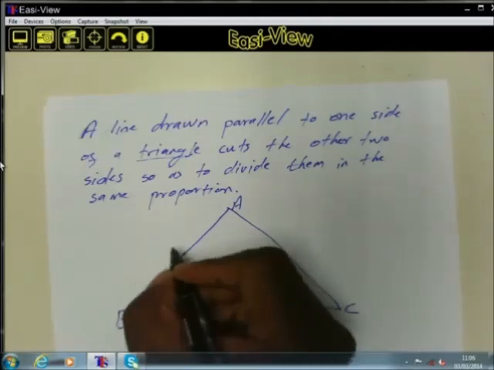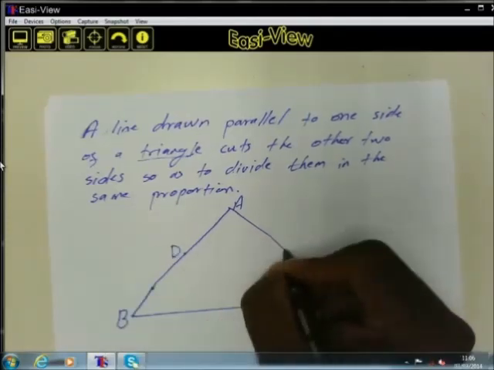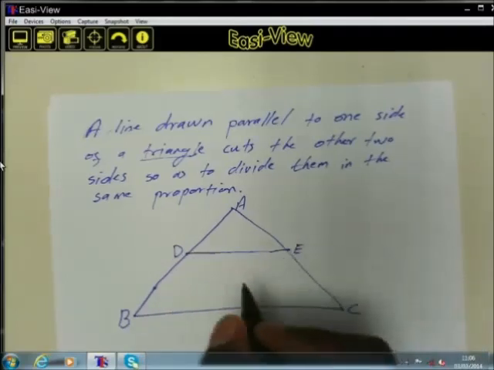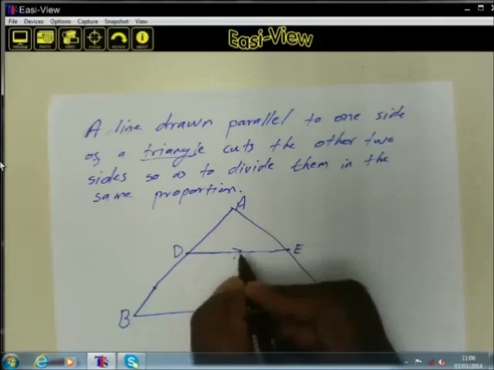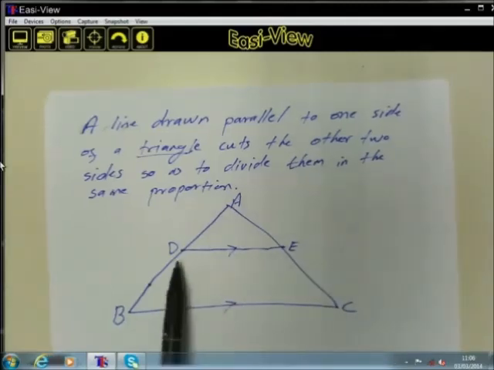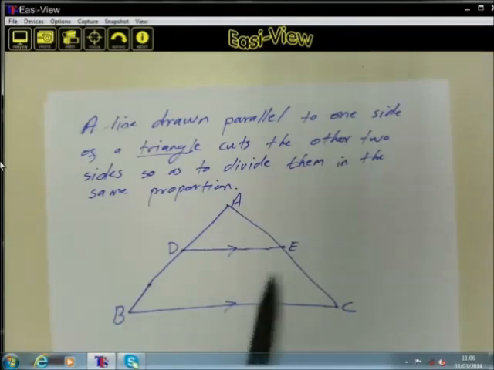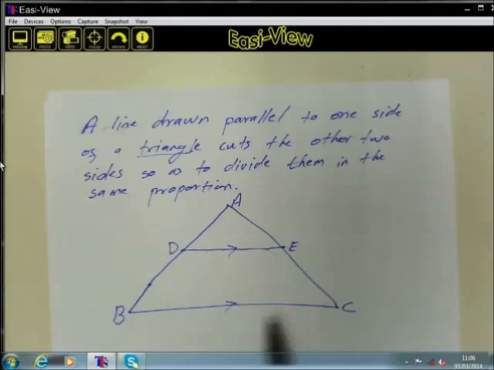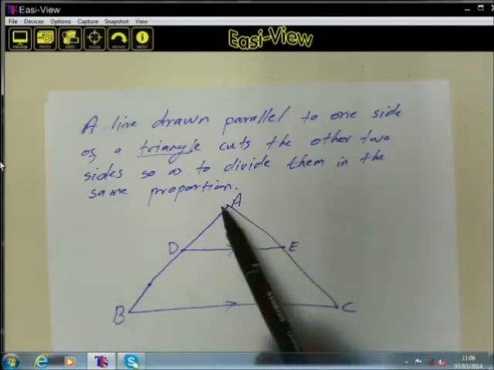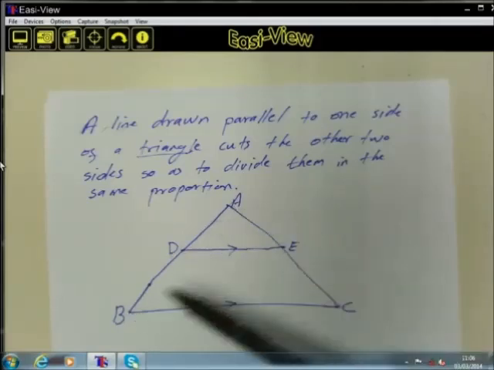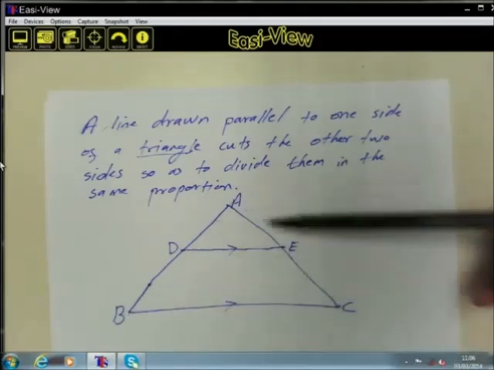Let's say we've got point D there, and then we also have E there, and then we draw DE such that DE must be parallel to BC. That line in this case is DE, and DE is parallel to BC. Remember, originally we had triangle ABC, which has three sides, namely AB, BC, and AC.